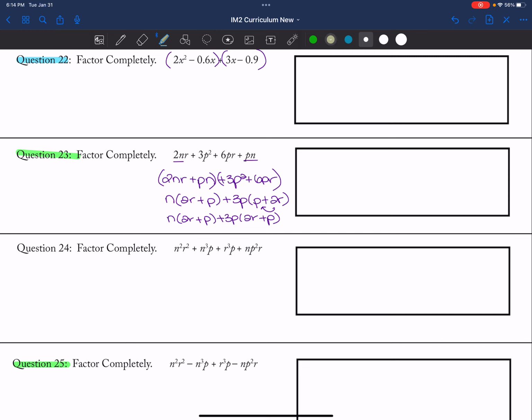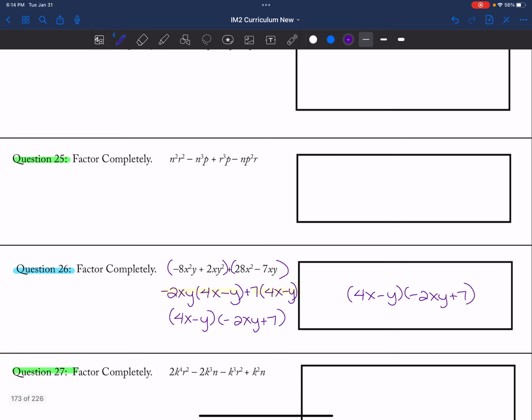Now it actually works out. What's common between my two terms is 2r plus p, and I'm left with n plus 3p. So again, I might have to rearrange my factors in order to factor by grouping. Sometimes when I do it the first time, like you just saw, it doesn't work, so we have to try something different.